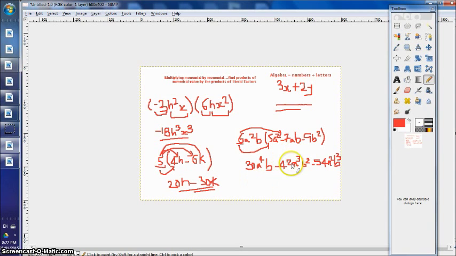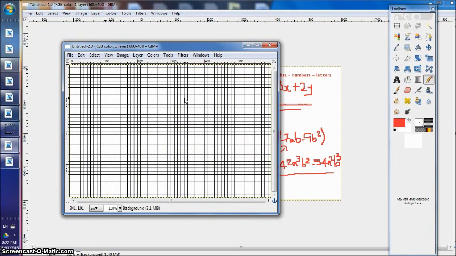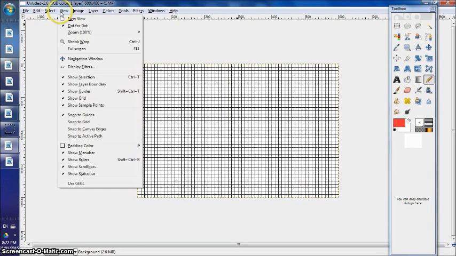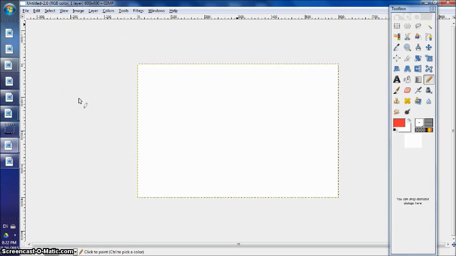Okay, since the variables or the literal factors are not the same, we can't go on and multiply these anymore. So this is the final product for this expression. Okay, let's move on to more complicated algebraic expressions. This time it's going to be polynomials by polynomials.